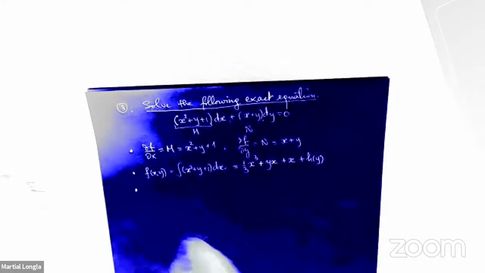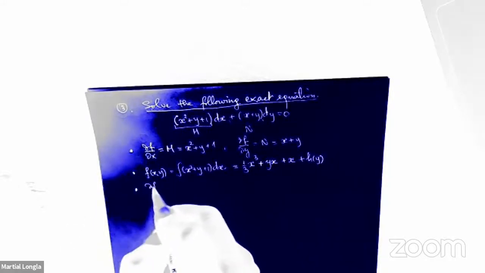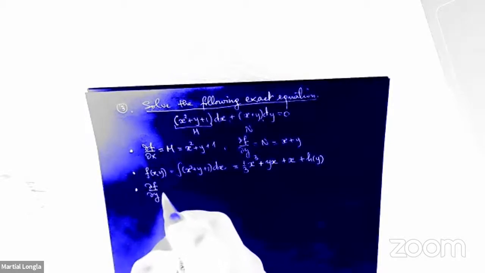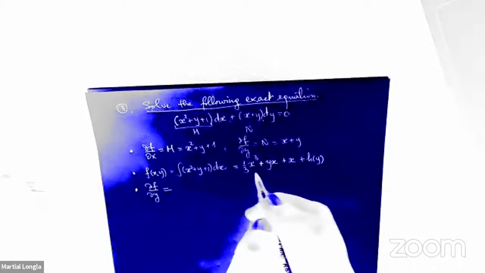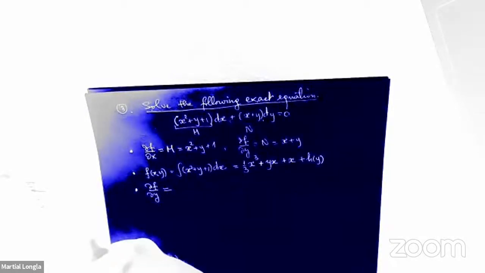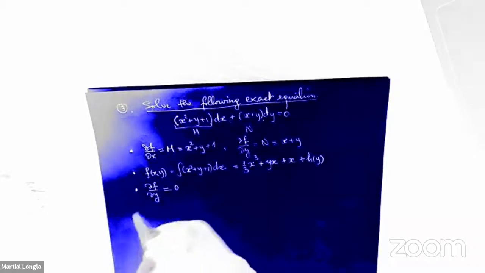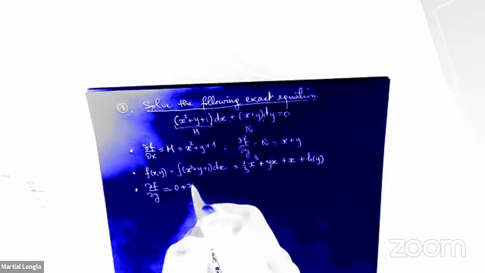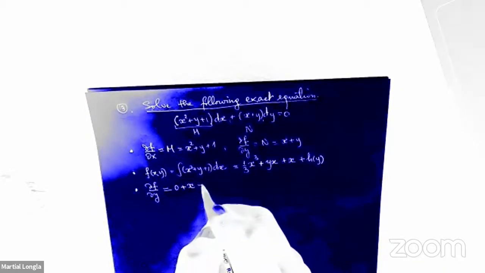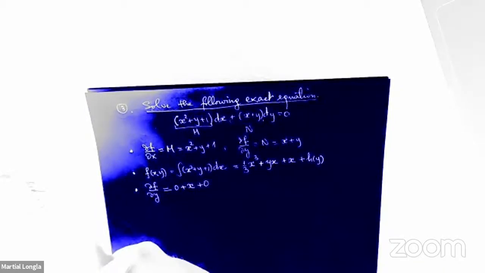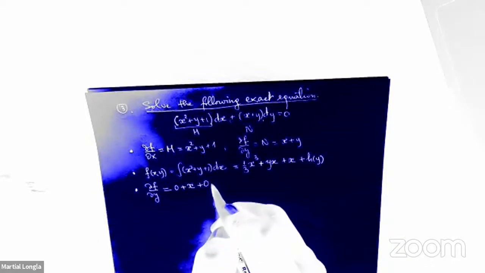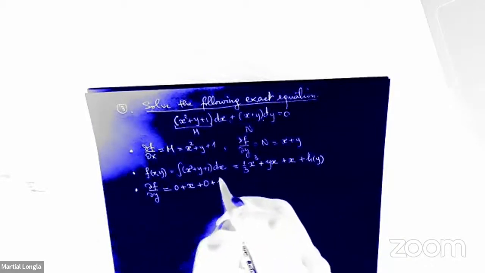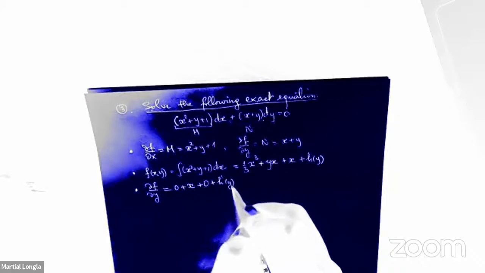And the next step says, take the derivative with respect to y of what you just found. The derivative of 1/3 x cubed is 0. The derivative of yx with respect to y is x. The derivative of x with respect to y is 0. The derivative of h of y is h prime of y.